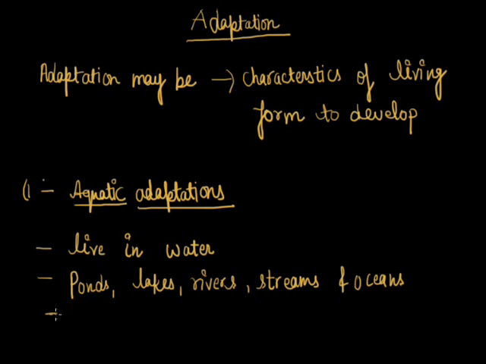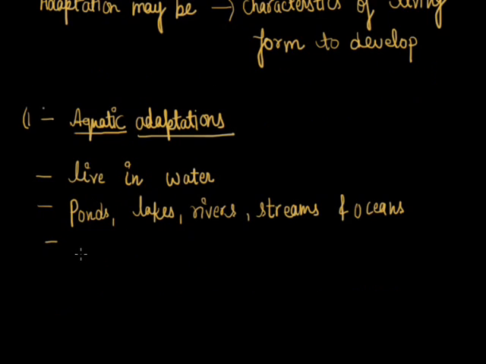The abiotic factors that organisms experience in water are the availability of light and oxygen, resistance to movement, salt concentration, and so on. First, we will study about aquatic adaptations in plants.